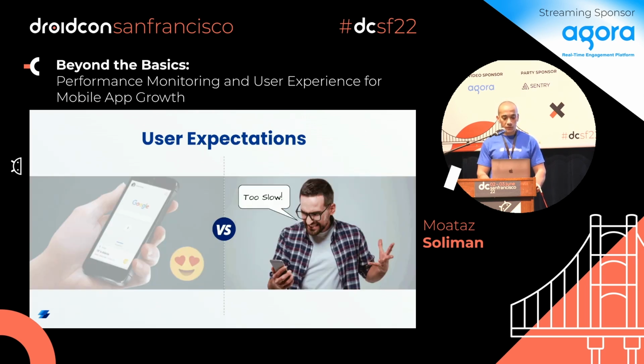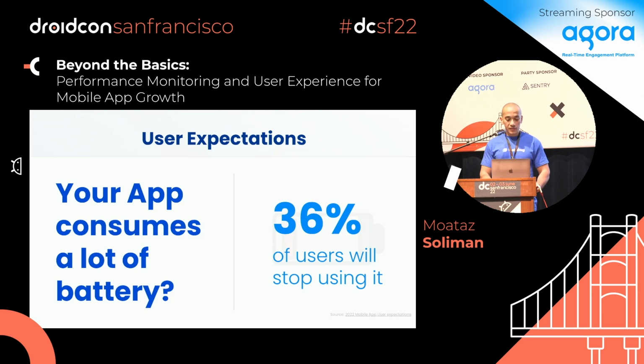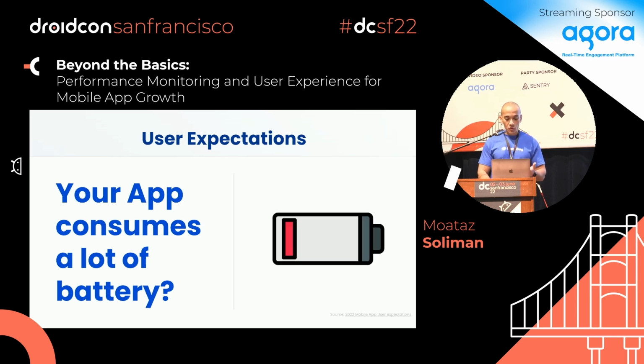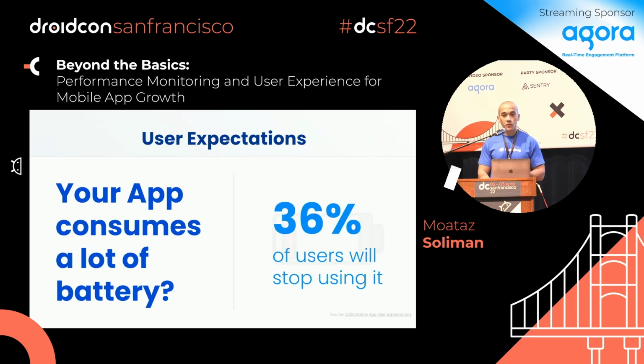No one is going to wait for that. Previously it would have been okay if your app was consuming a lot of battery. Right now, if your app is consuming a lot of battery, 36% of your users are going to stop using it immediately.